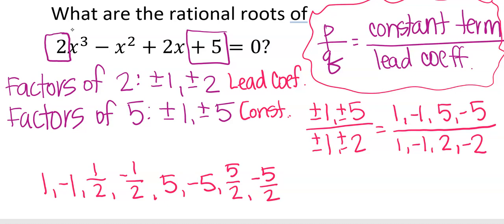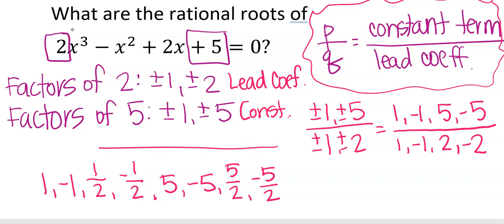And I bet when I do my -5, it will be repeats of these, but we'll check them out anyway. -5 over 1 is -5. I already have it. -5 over -1 is 5. I already have that one. -5 over 2 I already have, and -5 over -2 I already have that one. You don't want to list them multiple times because that just takes too long.